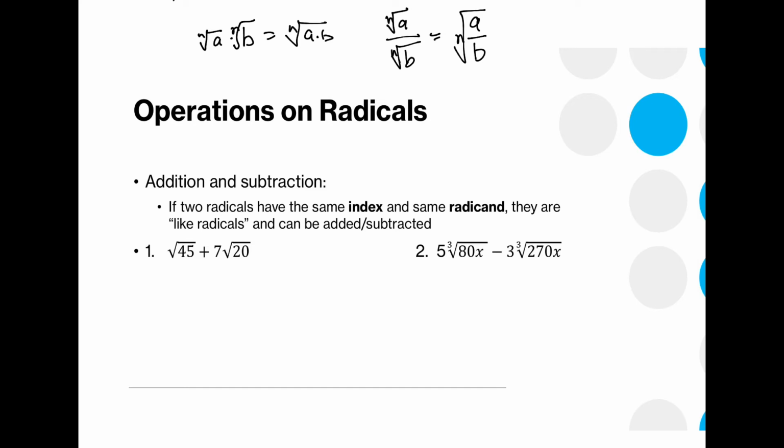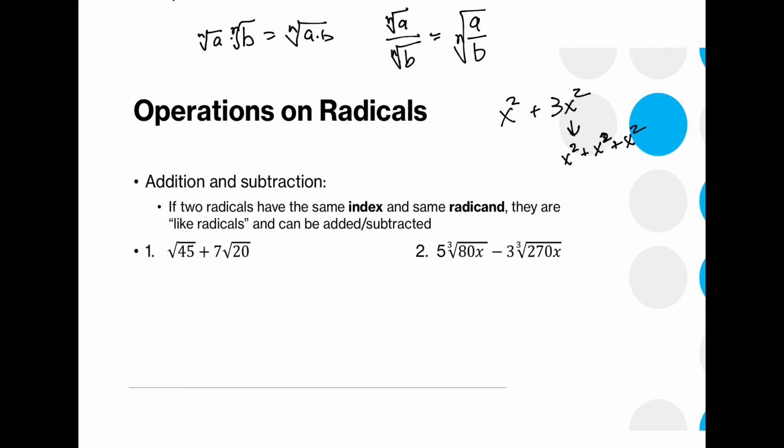I like to think of it in a similar way to like terms that we're adding together. For example, if I have x squared plus 3 more x squareds, when I write 3x squared, that is x squared added to itself 3 times.